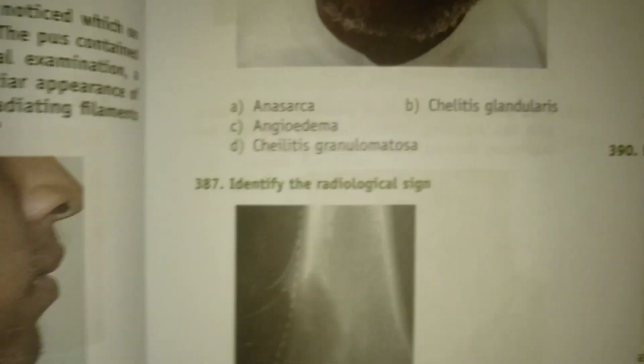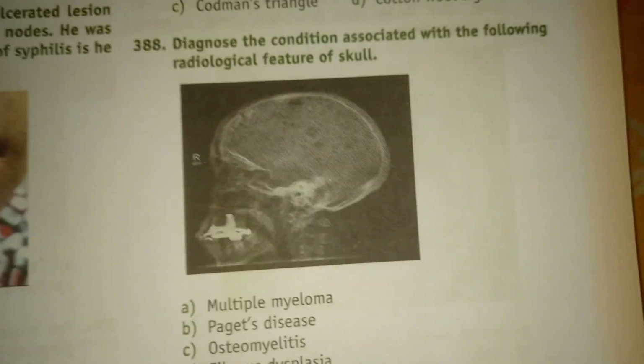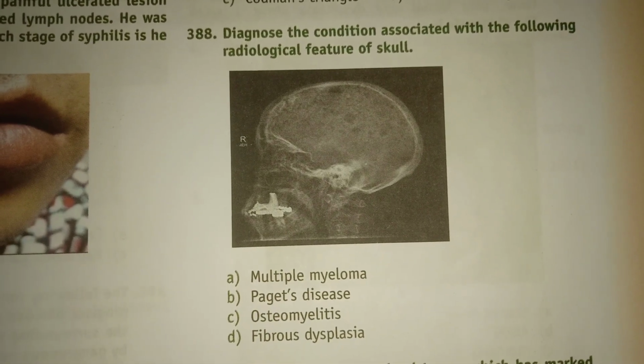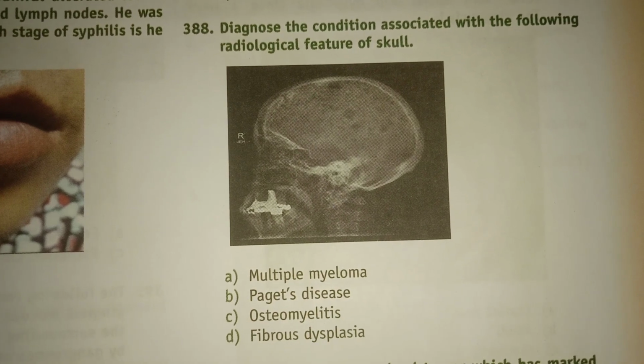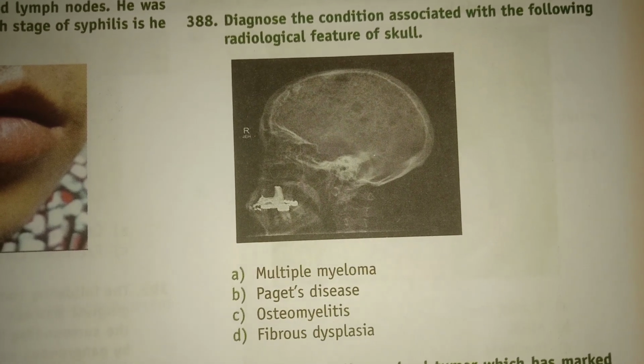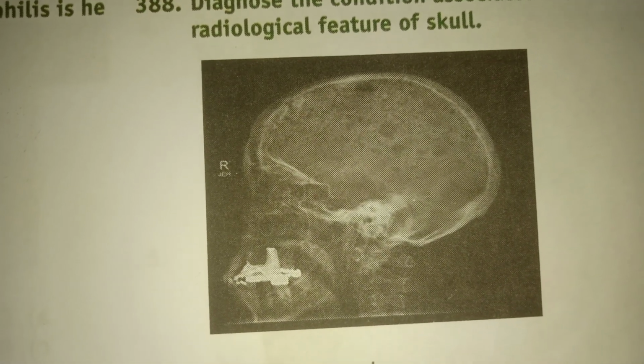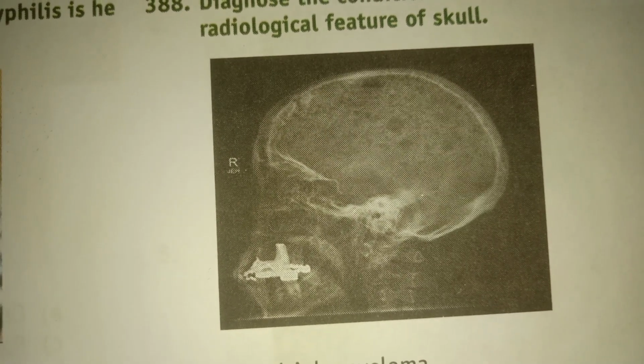Both of these questions are very much important for upcoming entrance examinations. Now this is also a very important question. You have to identify the condition related to this kind of radiological feature of the skull. It's a moth-eaten type of feature or pepper and salt type of lesion.